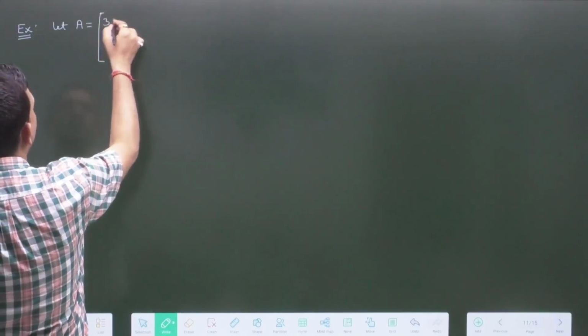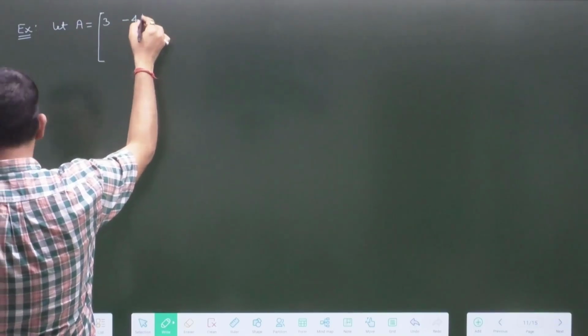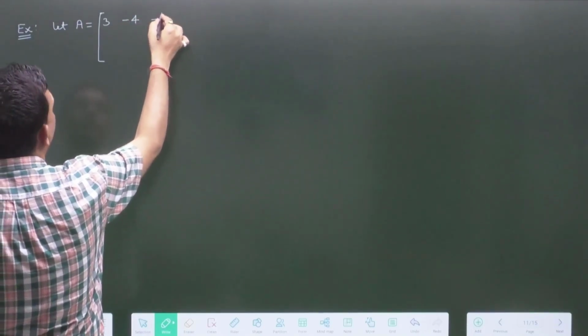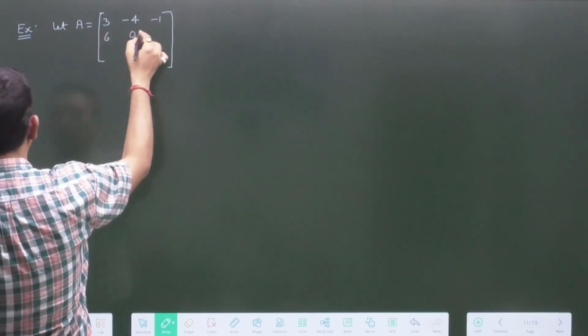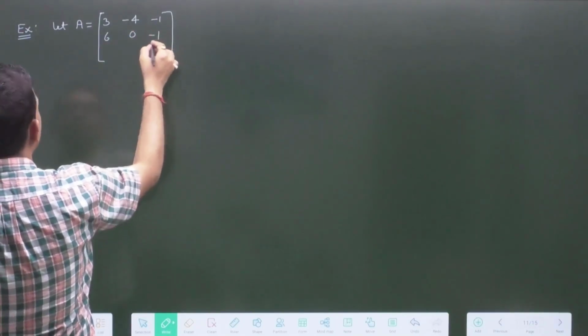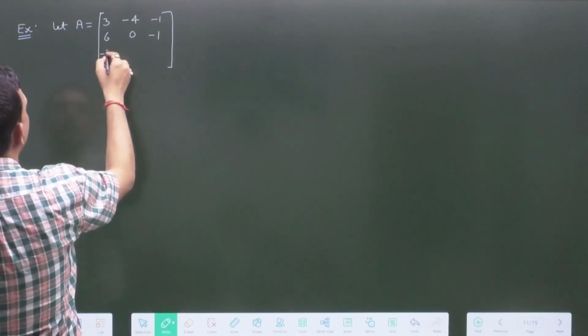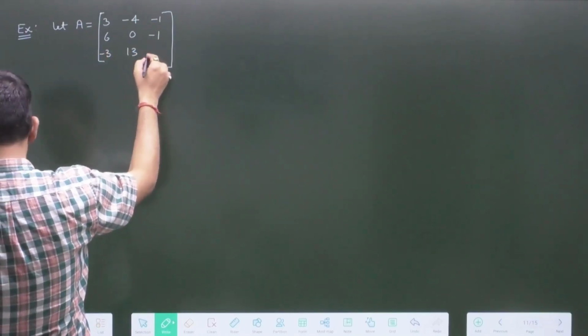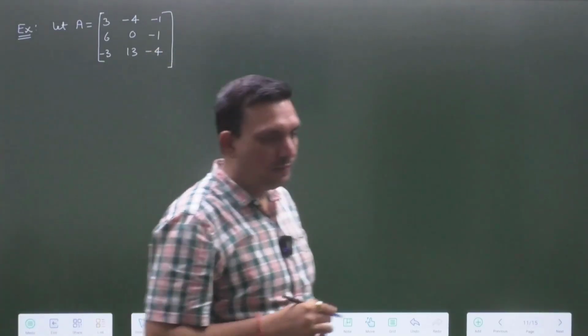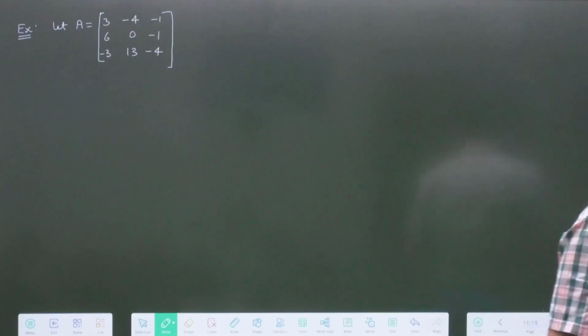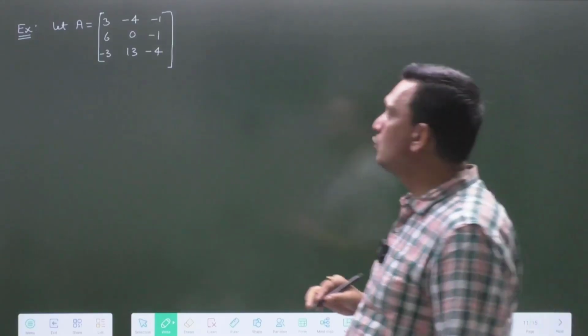So this is 3, minus 4, minus 1, then you have 6, 0, minus 1, this is minus 3, 13 and minus 4. It's a 3 cross 3 square matrix. Write down its symmetric part and its skew-symmetric part.